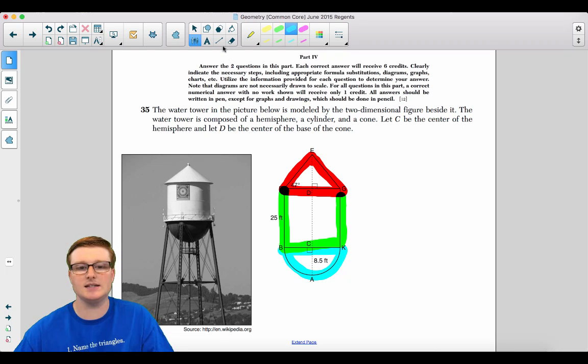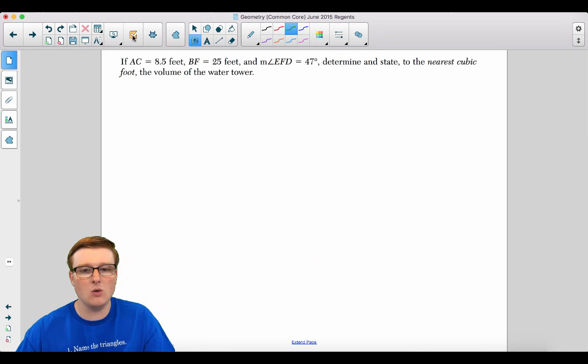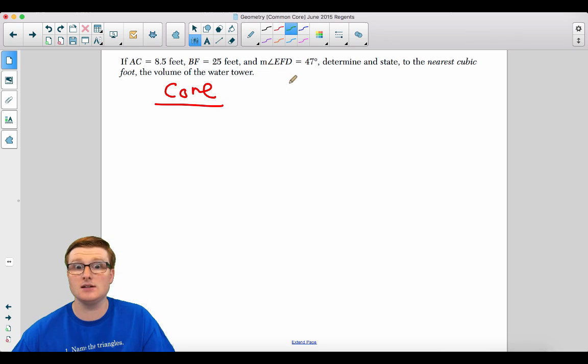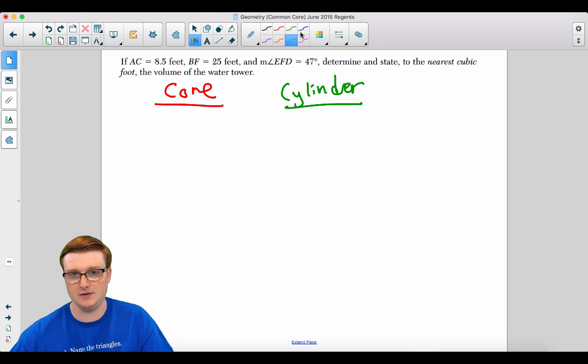So what I did is I said, all right, I'm going to calculate the volume of each individual piece. I'm first going to calculate the volume of the cone. I am then going to calculate the volume of the cylinder. And I am then going to calculate the volume of the hemisphere.